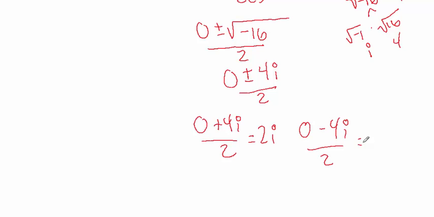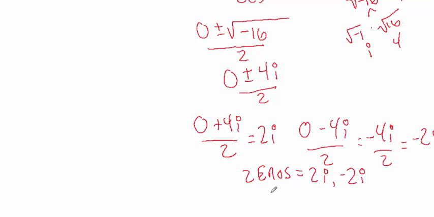Here I get negative 4i over 2, which is equal to negative 2i. So my zeros here are 2i and negative 2i, which means my factors are going to be the opposite signs of those, right? It's going to be x minus 2i and x plus 2i.